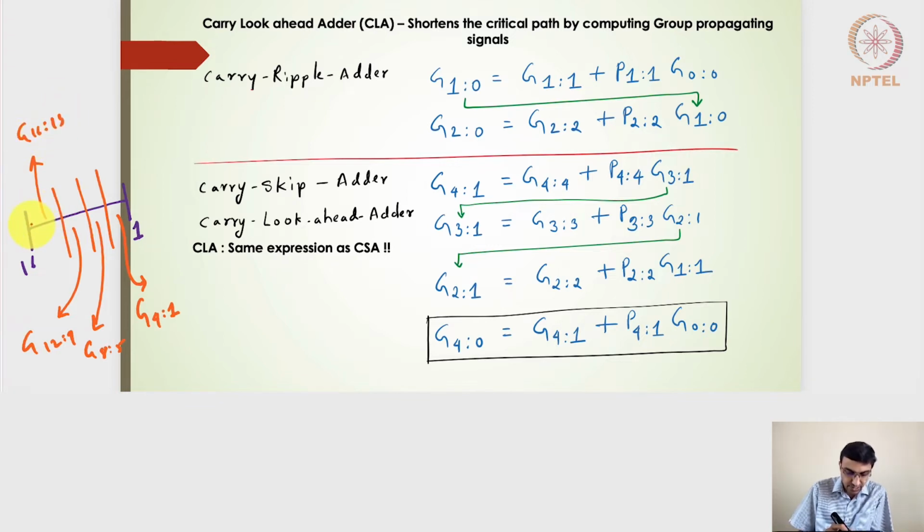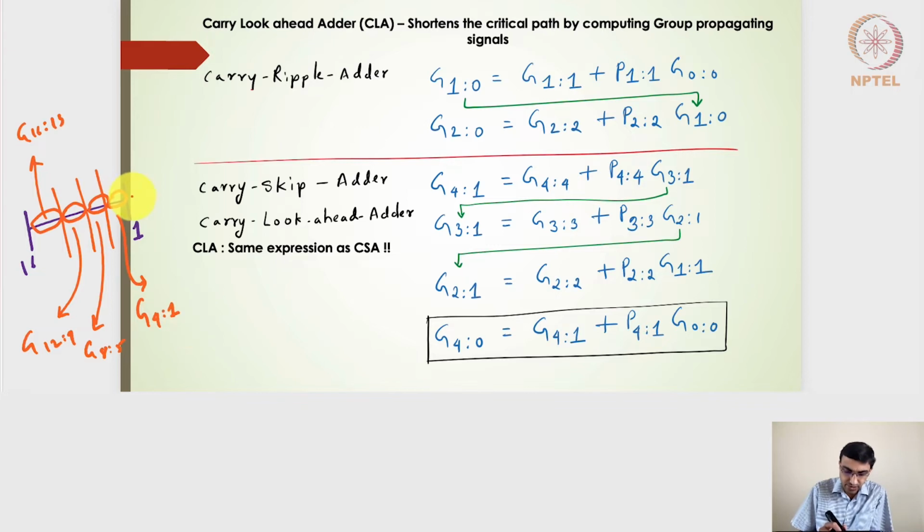Each of the groups creates its own group generate signals, and those are created simultaneously. So for G16 is to 13, it doesn't have to wait for any of the previous group's output. Similarly, G12 is to 9 will be created simultaneously with G8 is to 5 and G4 is to 1. So all of them will be available.